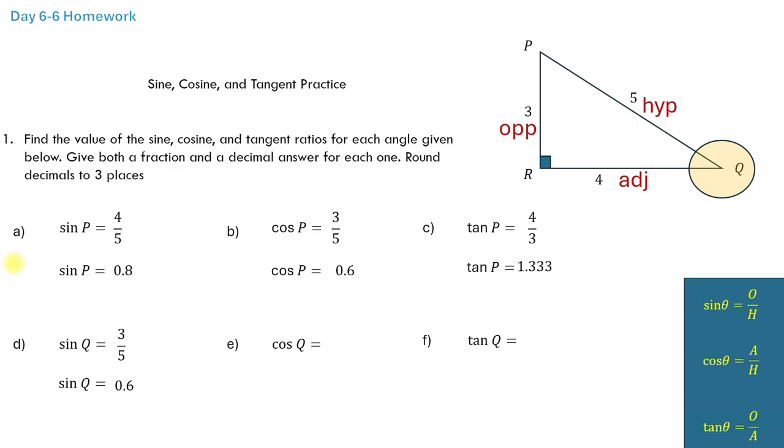The decimal is 0.6. The cosine, adjacent over hypotenuse, is 4/5, which is 0.8. And the tangent, opposite over adjacent, is 3/4, which is 0.75.